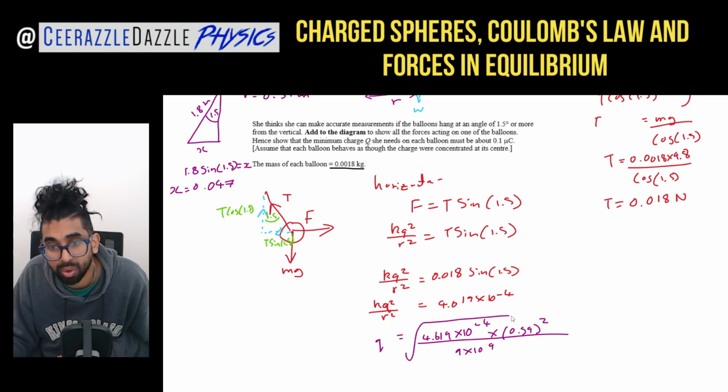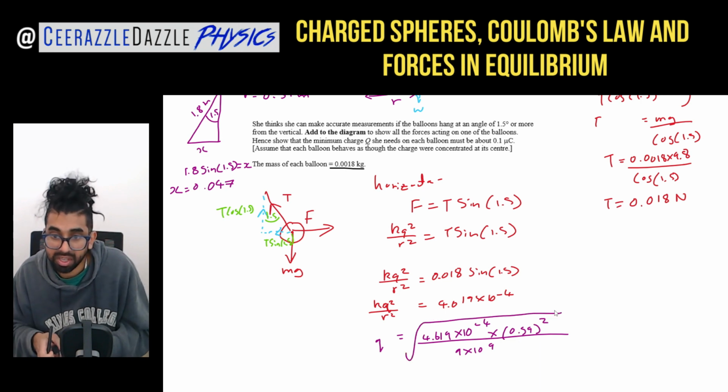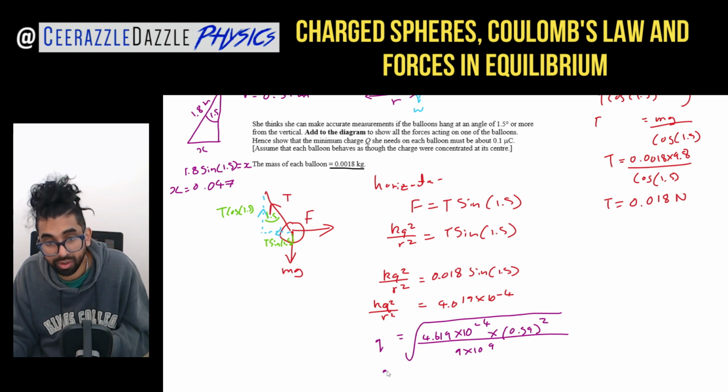And I'm going to square root the whole thing. I'm getting the answer of q being equal to 1.35 times 10 to the minus 7 coulombs, everyone.